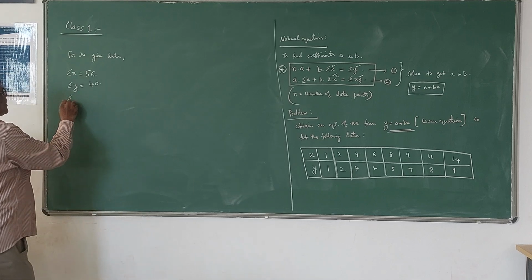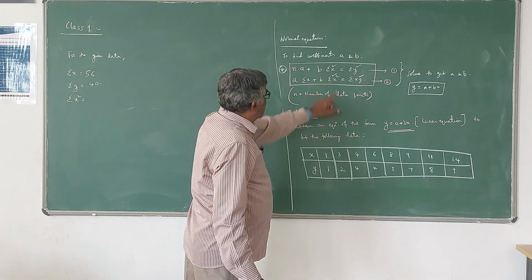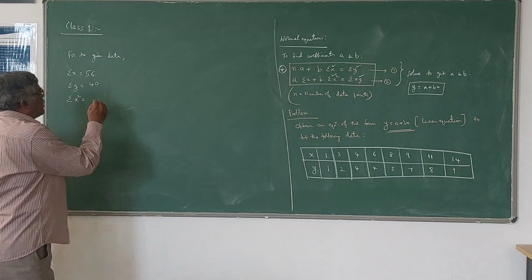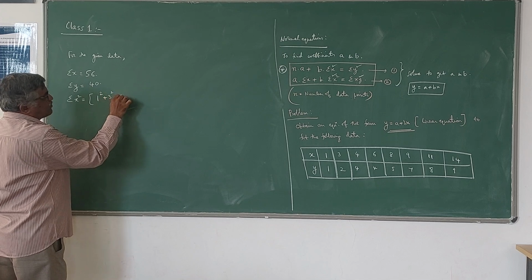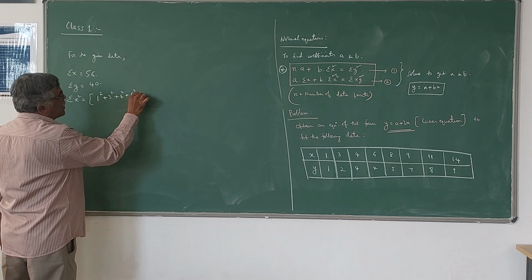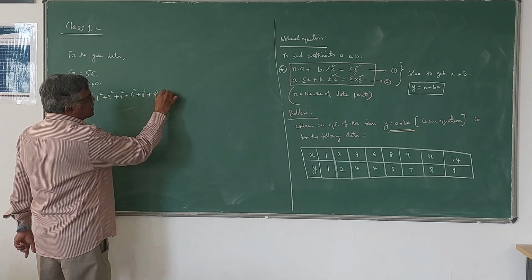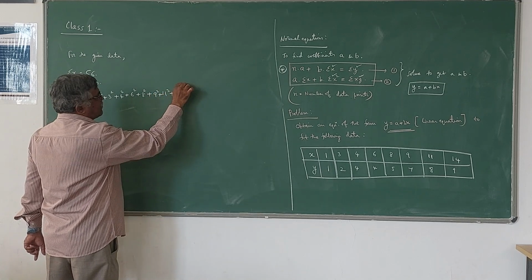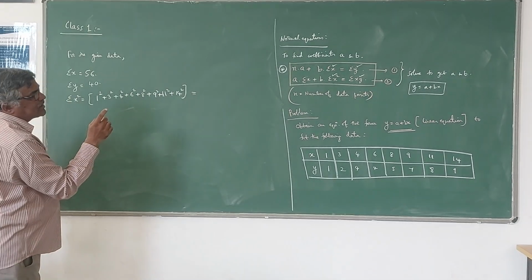Then I need sigma x square. Sigma x square is the sum of all those: 1 square plus 3 square plus 4 square plus 6 square plus 8 square plus 9 square plus 11 square plus 14 square. Similarly, I need sigma xy.